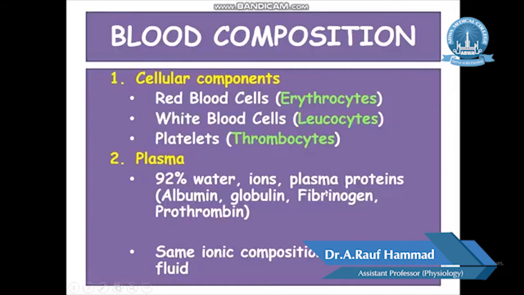The major plasma proteins are albumin, globulin, fibrinogen, and prothrombin. They have different functions. Albumin has its own function, globulin has its own functions, fibrinogen its own, and prothrombin its own. Plasma has the same ionic composition as interstitial fluid. Interstitial fluid, extracellular fluid, is outside the cells.